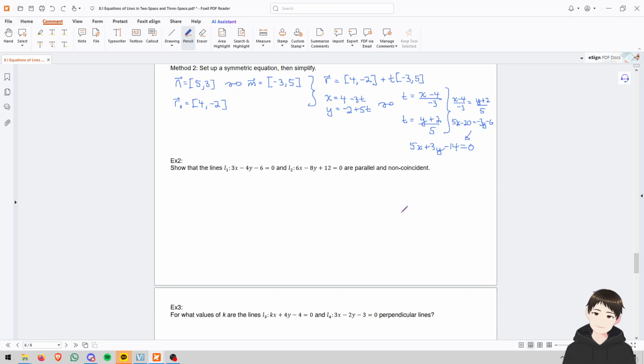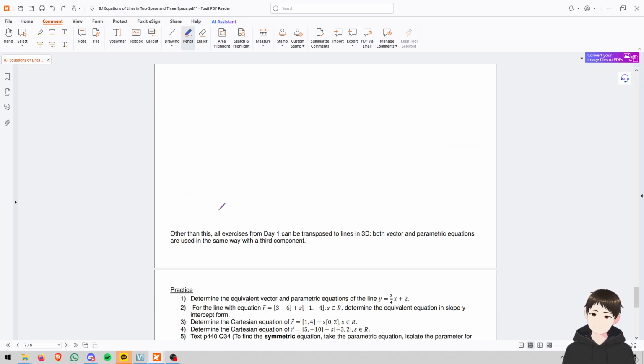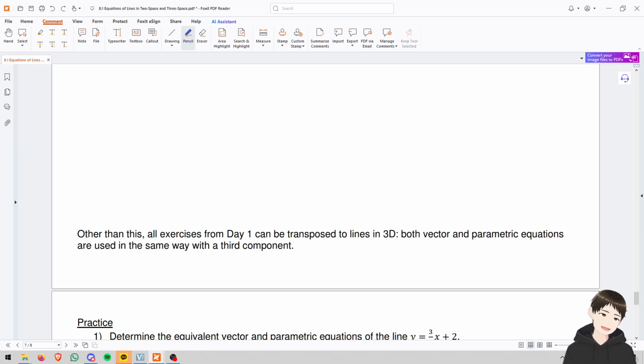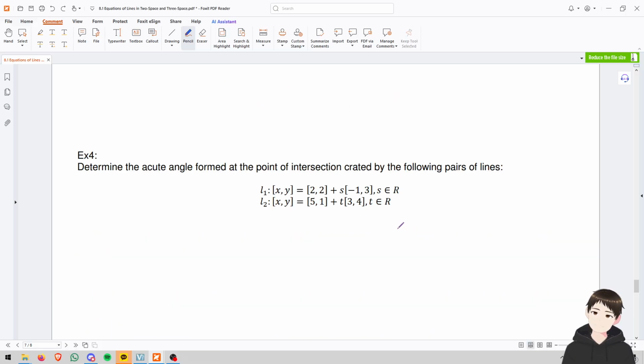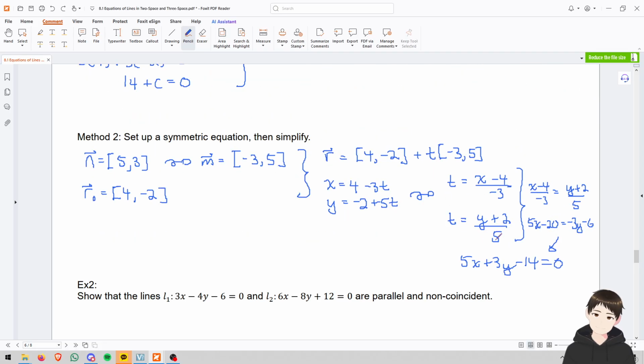Please note, I'd like you to try exercises 2, 3, and 4 by yourself. I need you to know that everything we're doing in 8.1 can be transposed to lines in 3D, except for the scalar equation. Why?